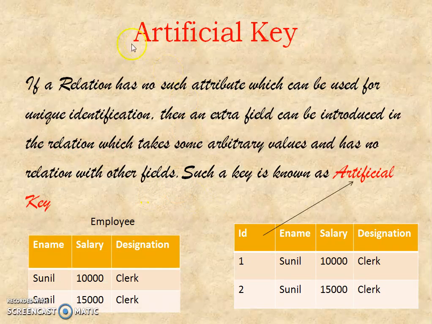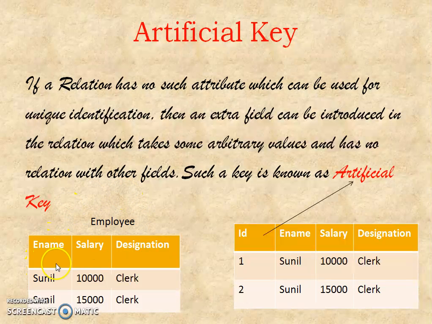Artificial key. There are some situations when a relation may not have any field or an attribute which can be selected as a key. So if a relation has no such attribute which can be used for unique identification, then an extra field can be introduced in the relation which takes some arbitrary values and has no relation with the other fields. Such a key is called as an artificial key. So here we can see a relation employee.